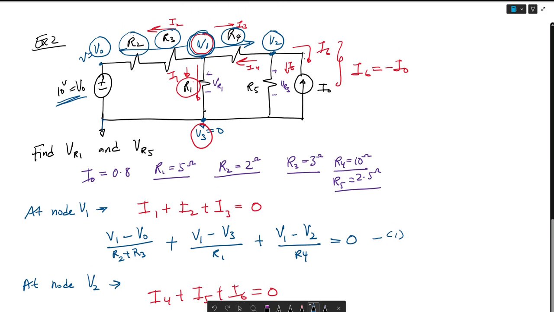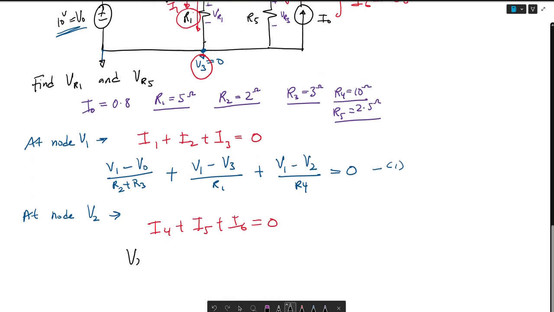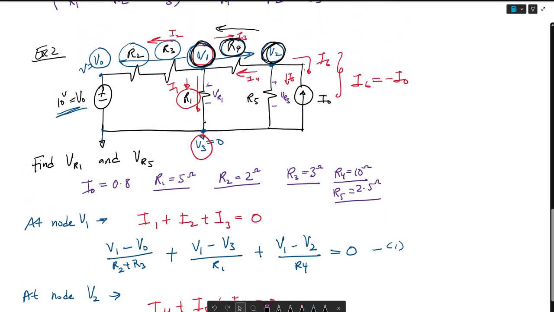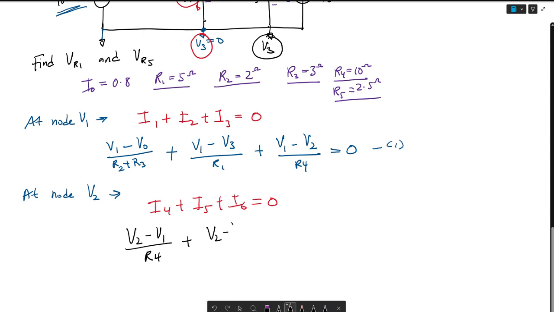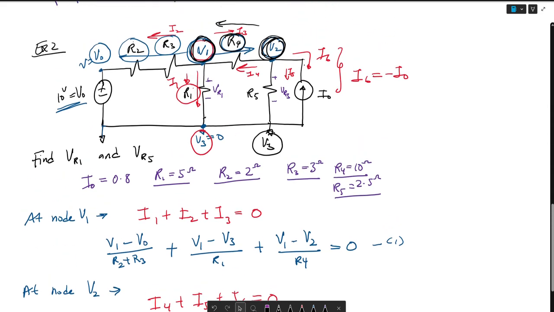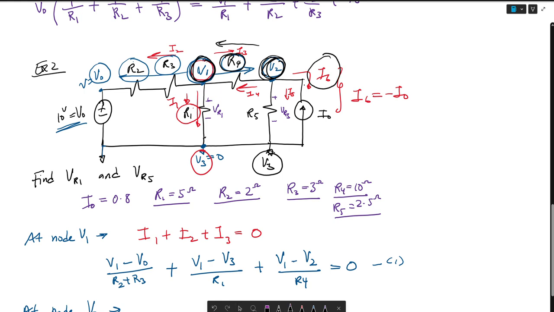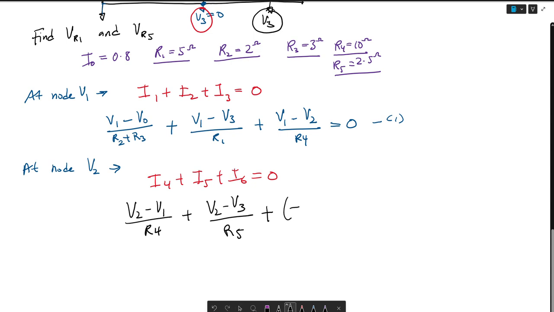I4 going this way is V2 minus V1 over R4, plus V2 minus V3 over R5, remembering that this again is V3, plus I6, which is just negative IO, equals 0.